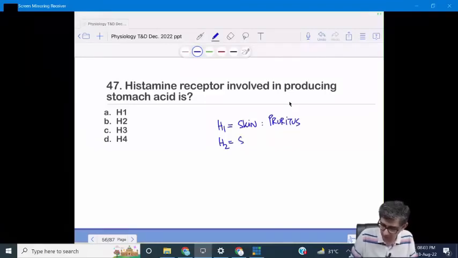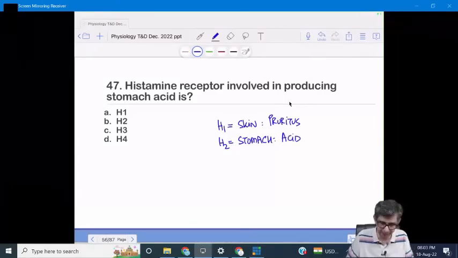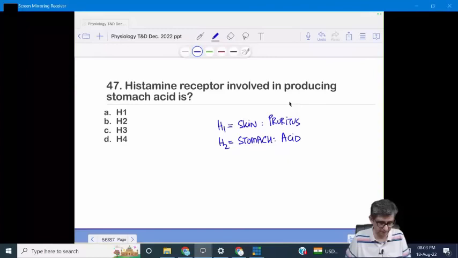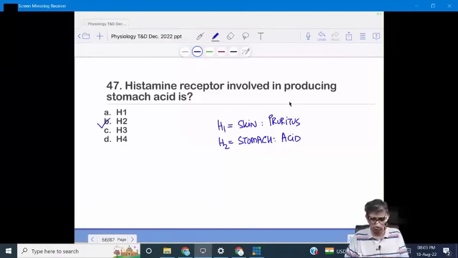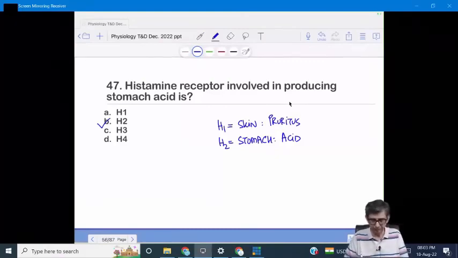But the H2 receptors are in the stomach and they are responsible for production of stomach acid. Yes, the answer to this question would be given as option number beta.